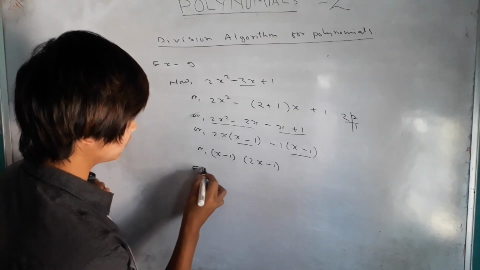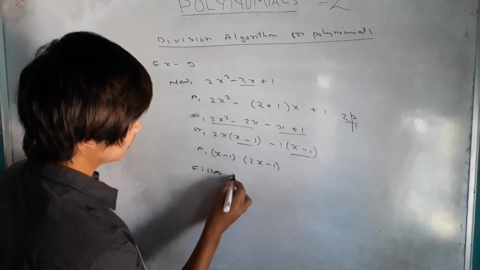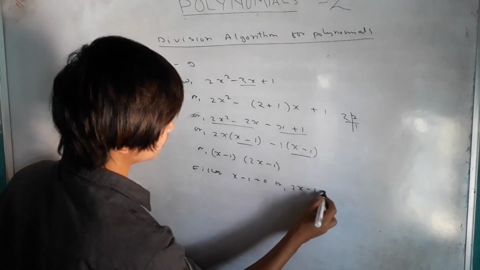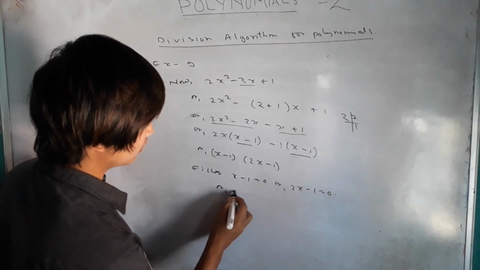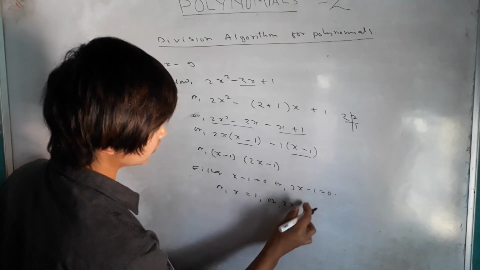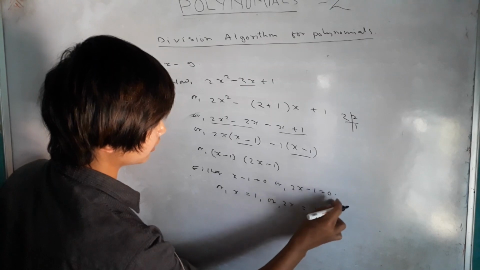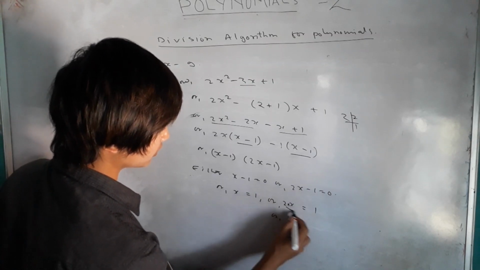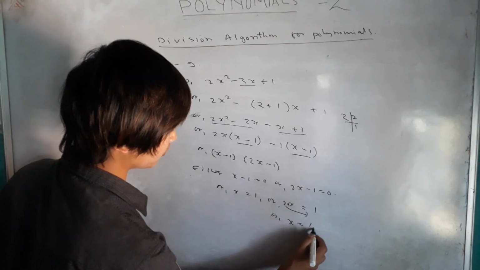So I'll find x minus 1 equals 0, or 2x minus 1 equals 0. x, it will go that side, it will be 1. Or 2x, it will go that side, it will be negative, then positive. Here is multiplication, so it will divide, then x equals 1 by 2.